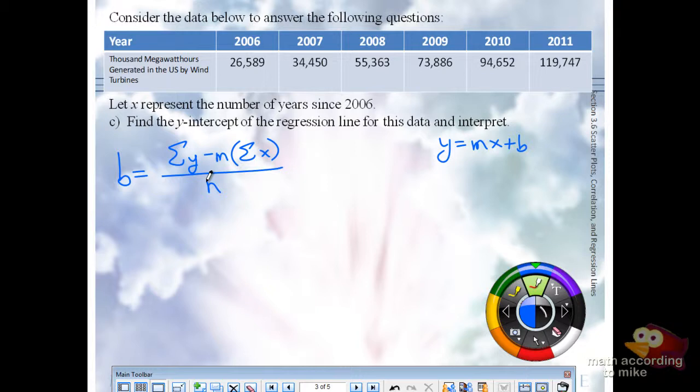But notice the formula for b relies upon m. So what happens if your m is bad? There goes your b. You don't want to have a bad bm.